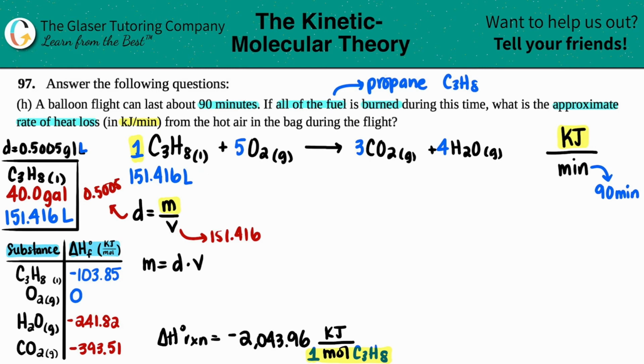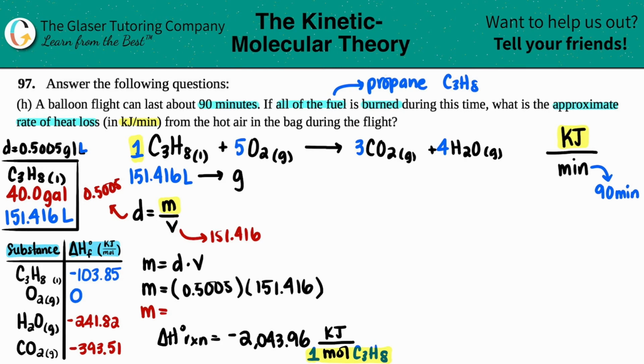So in this case, I can go from liter to grams. We're getting there. We need moles, but we're getting there. So let's figure that out. Mass equals the density, 0.5005. When I do my math, I don't like to put in units because I just checked before, and I know that I have the right units. Okay. So mass is 0.5005 times 151.416.